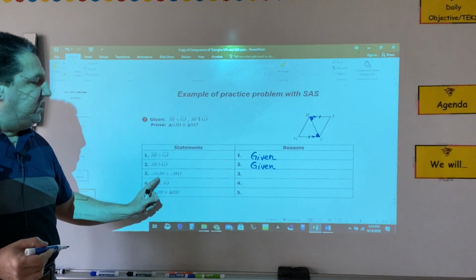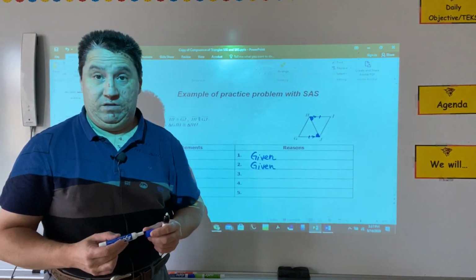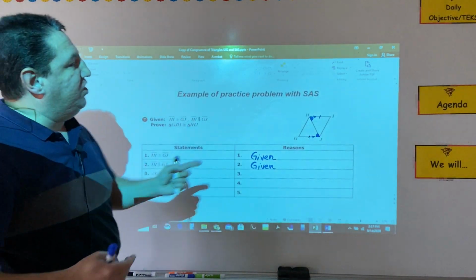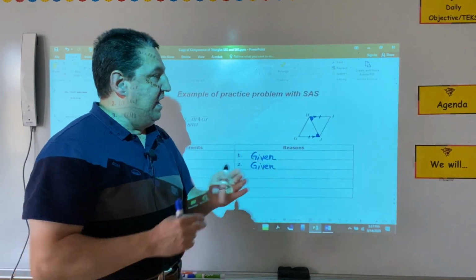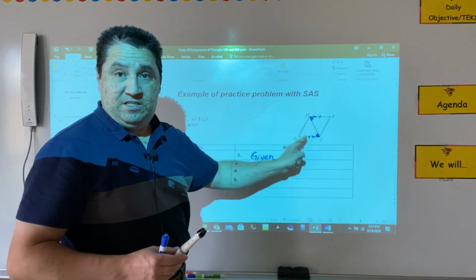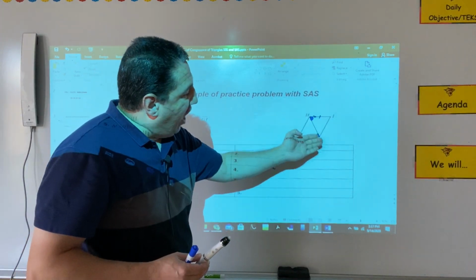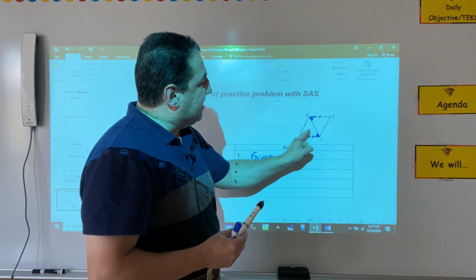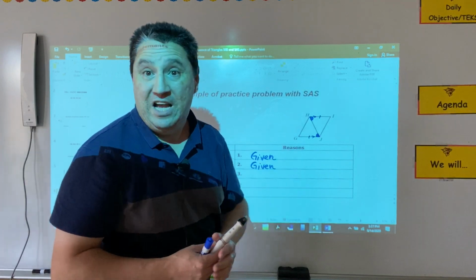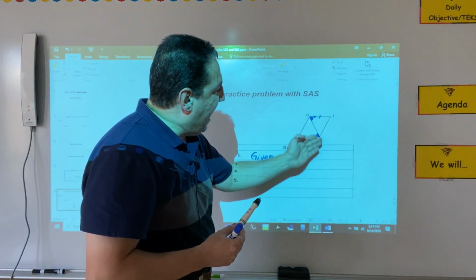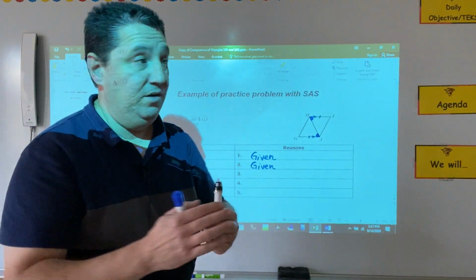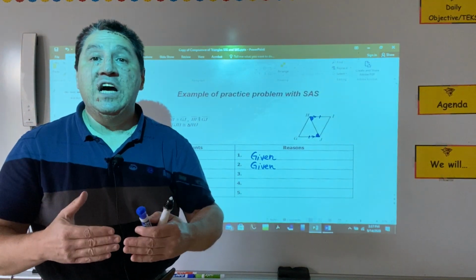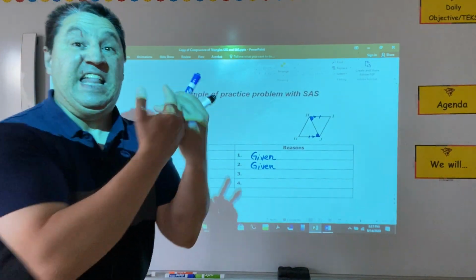Now, how do we know these two angles are congruent? What else is given? HI is parallel to GJ. Now, since these two segments are parallel, HJ is a transversal. Why? Because it intersects these two parallel lines at two different points. Because HJ is a transversal, these two marked angles are alternate interior angles.